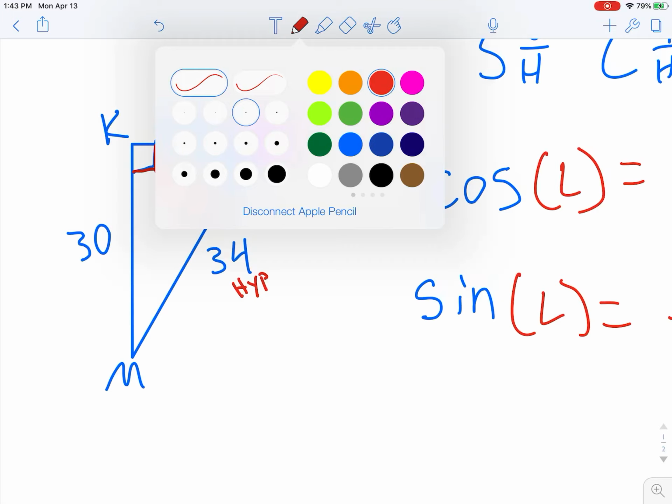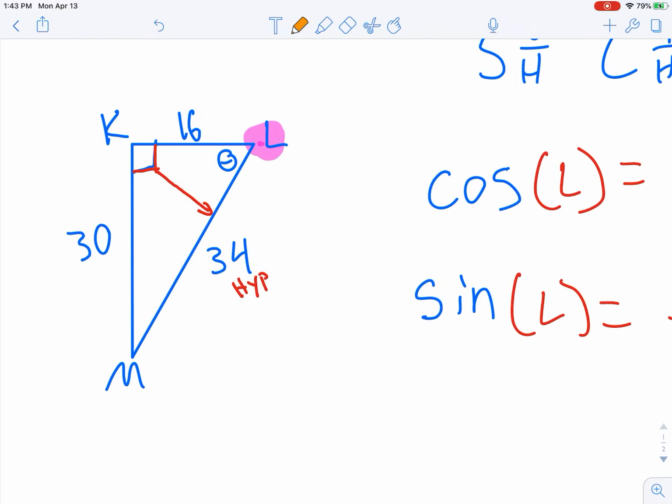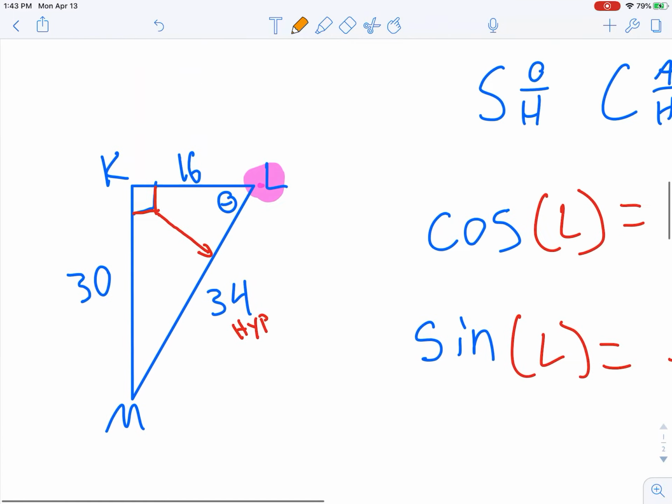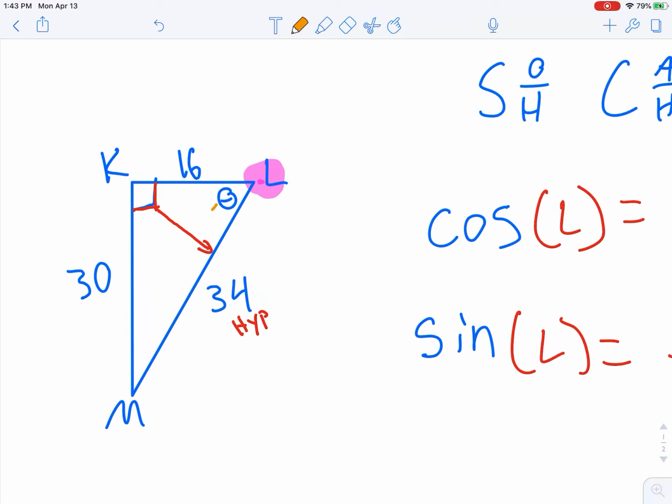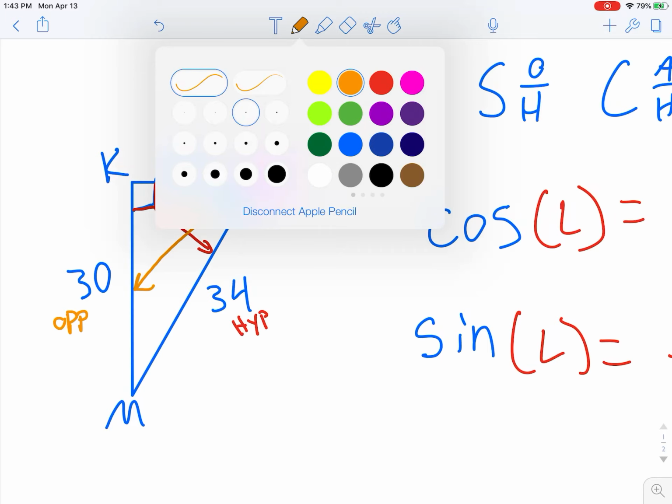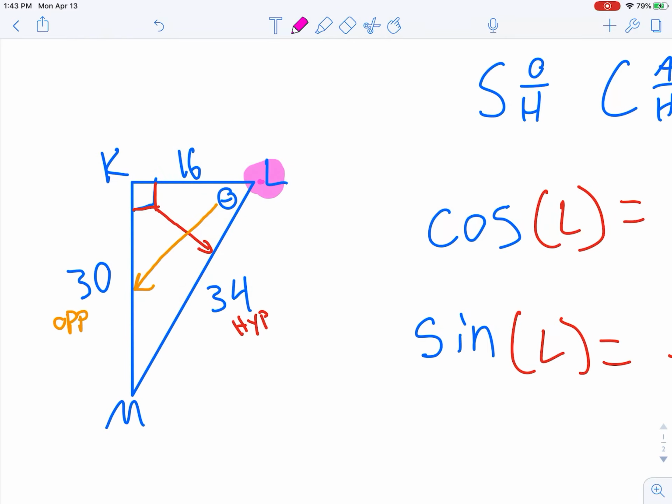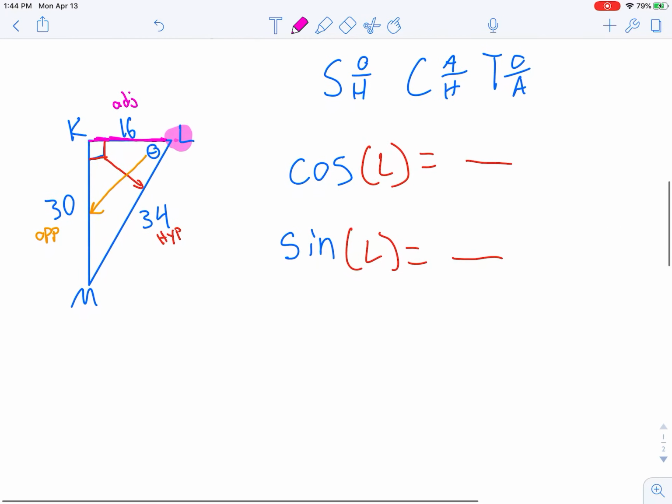Okay, now the side across from my angle, draw a line going across, I land on the 30. I'm going to label that opposite because it's across from my angle. And lastly, I have a side that connects my angle to my 90 degrees. Okay, that is my adjacent. Okay, so I look at my ratios, I look at my triangle, I see my fractions.